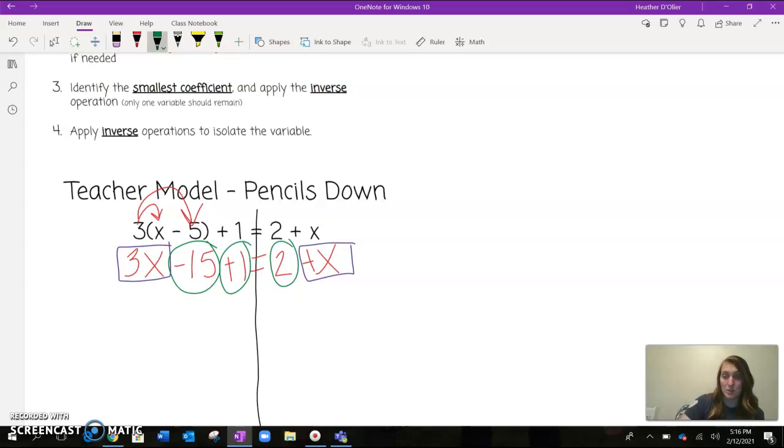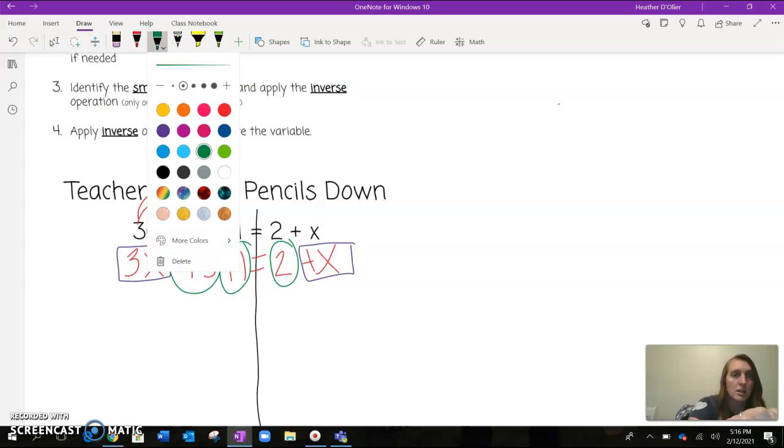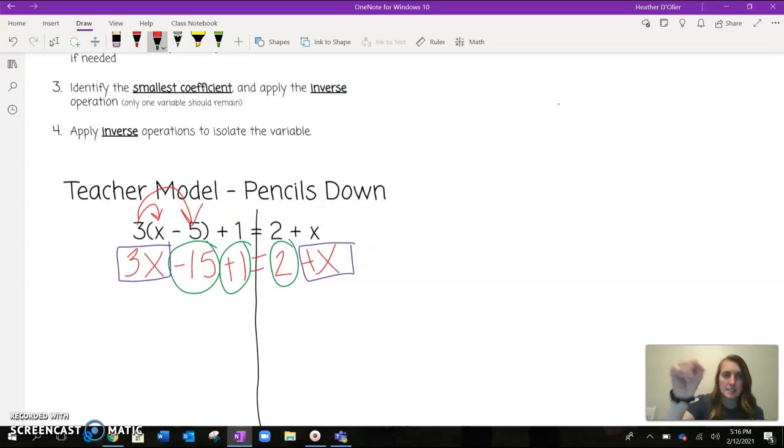That means I have like terms that I can combine, sorry. So I'm going to combine those, okay? I'm going to do it in red, so I can see the continuation. Okay, so negative 15 plus 1 is negative 14. Yeah, okay, that's right. I had to look at it, double check.